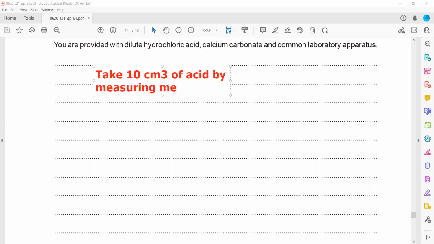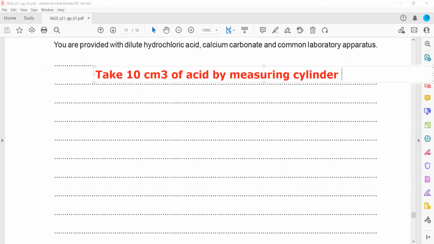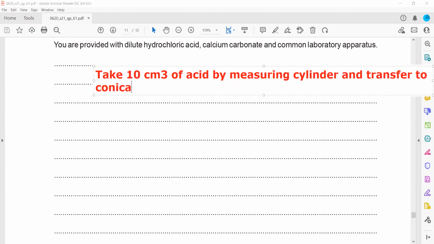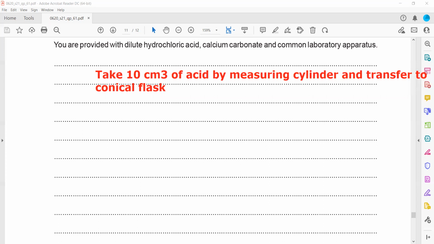Then we'll measure the mass of calcium carbonate, because we should take an equal mass, say 2 grams of calcium carbonate. In the question they do not specify what mass we are taking, so we can mention any mass.